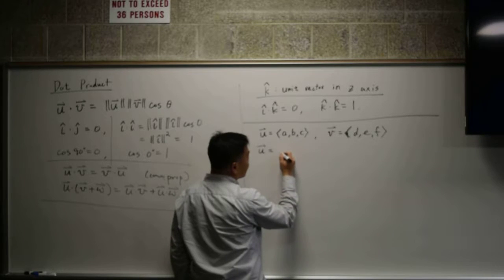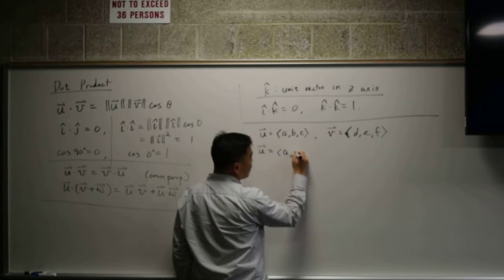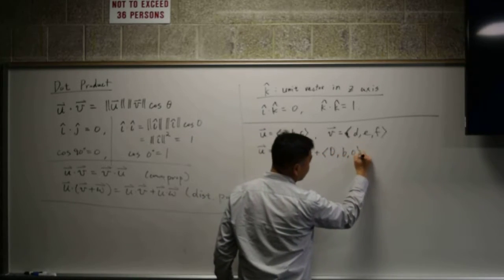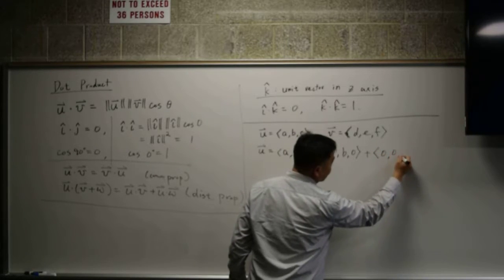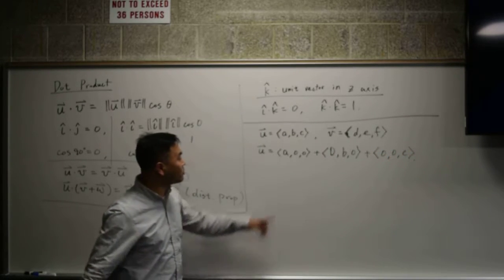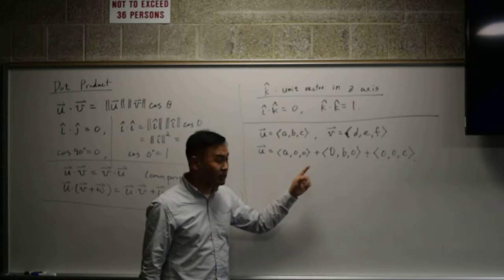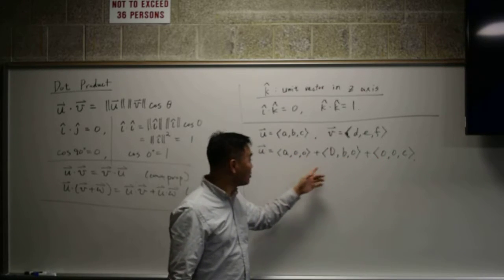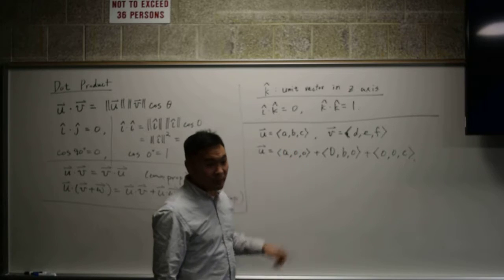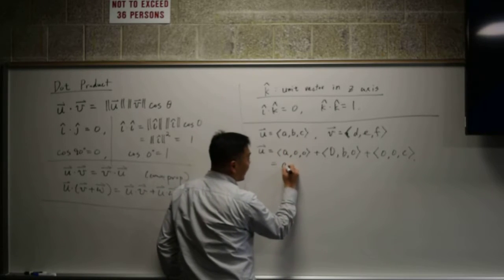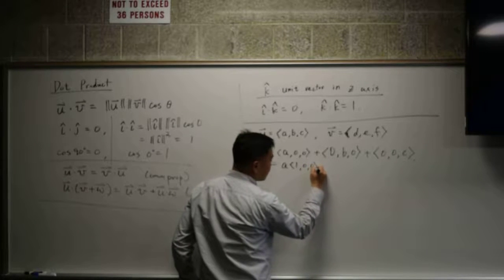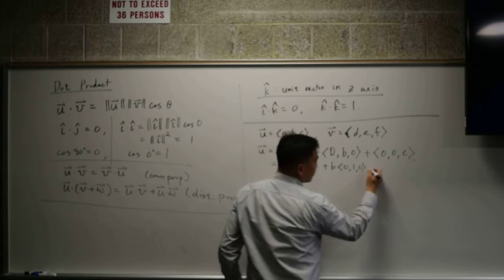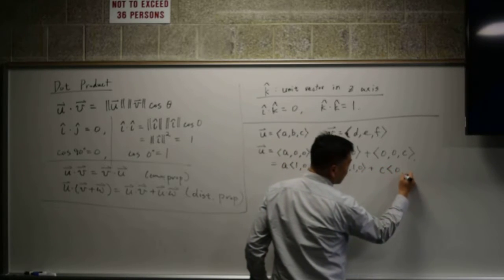First, think about it as (a, 0, 0) plus (0, b, 0) plus (0, 0, c). You can certainly rewrite (a, b, c) as this, because a plus 0 plus 0 is a, 0 plus b plus 0 is b. So if you add them all together, you get this. Now the first thing can be written as a times (1, 0, 0), the second is b times (0, 1, 0), and the third one is c times (0, 0, 1).